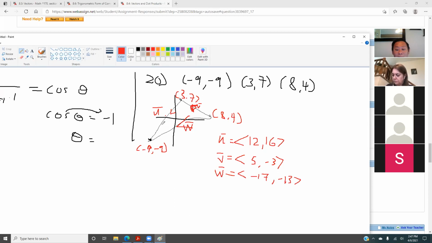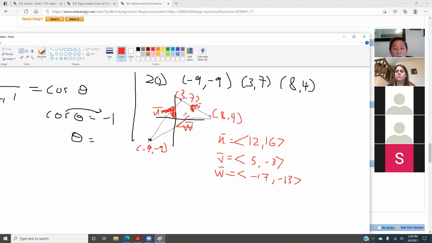Oh yeah, you're correct. Sorry. This one looks like it goes this direction, because 12, 16 looks very positive to me. So positive usually goes this way. 12, 16 is this direction.